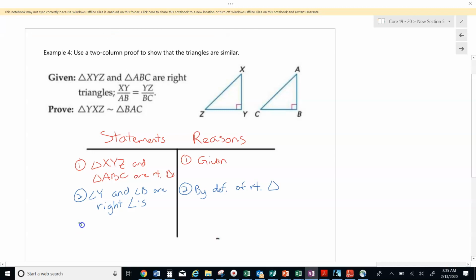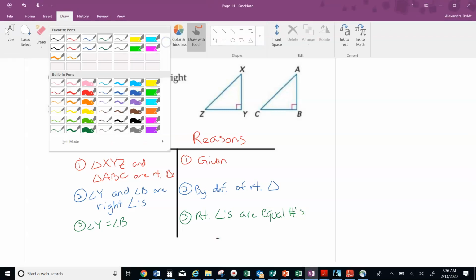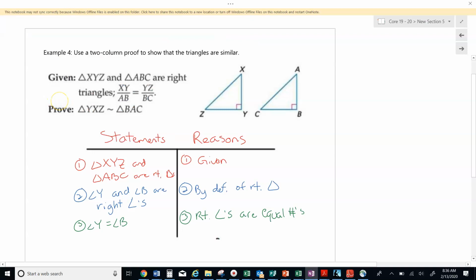And then from that, what do I know? I know angle Y is congruent to angle B. Right angles are equal numbers. Right, they're both 90, so they have to be the same. Okay, I'm going to use my other given. What else do I know?